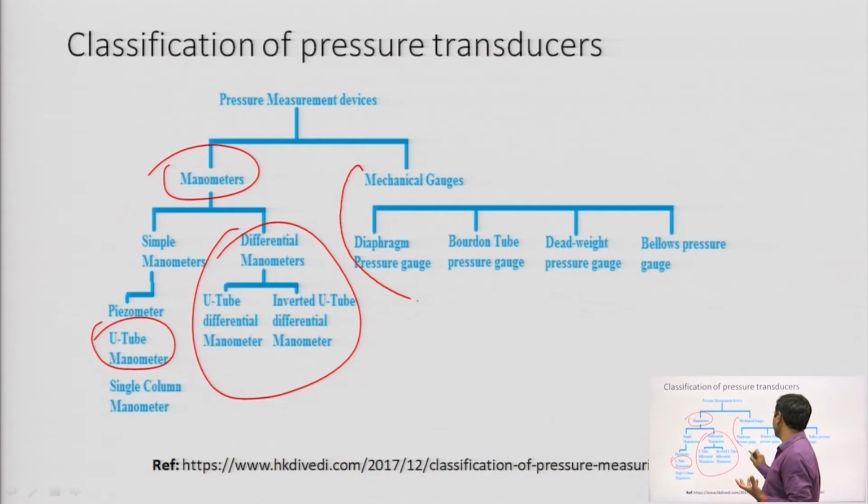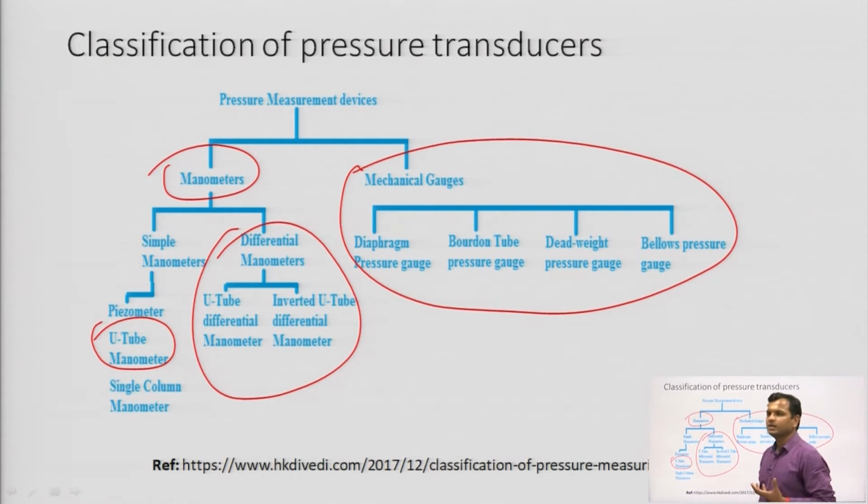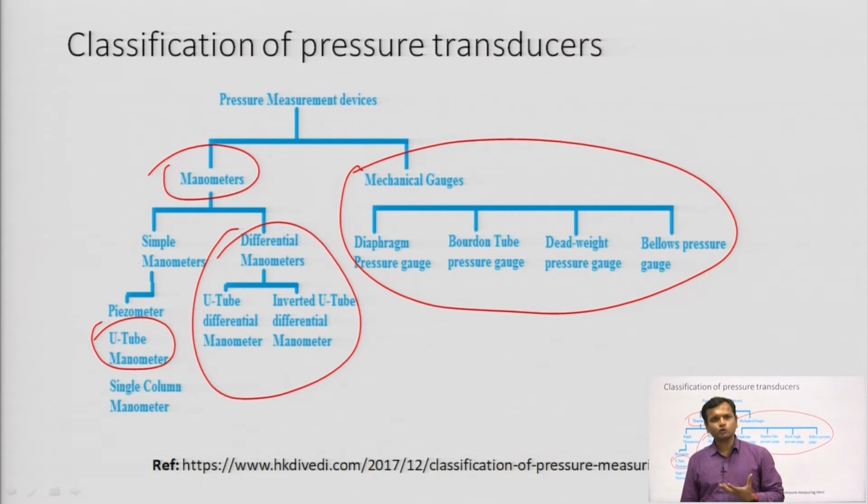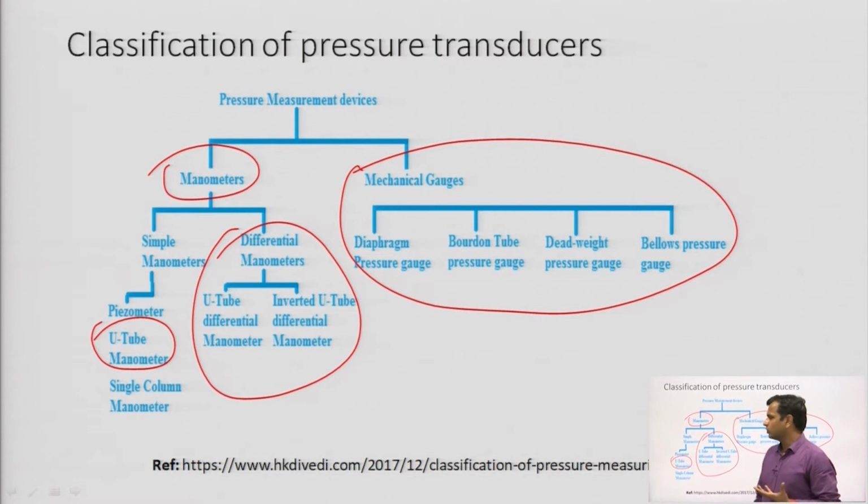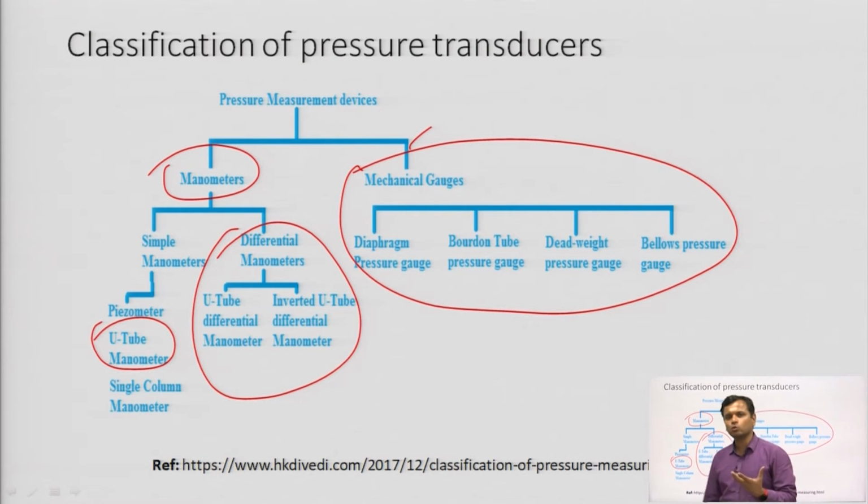Then there are the mechanical gauges, which include the Weld gauges and also the elastic gauges. So, these are formed in two categories, which we studied in the last class also.